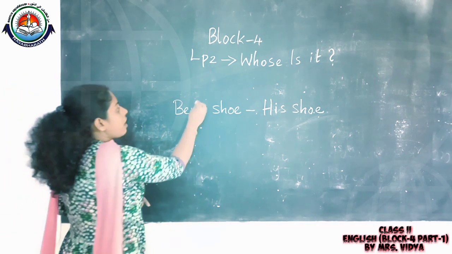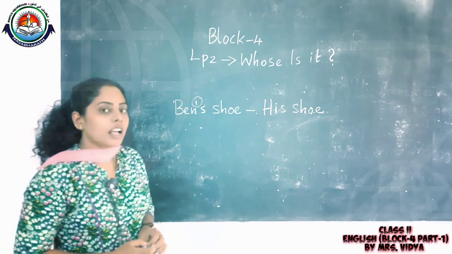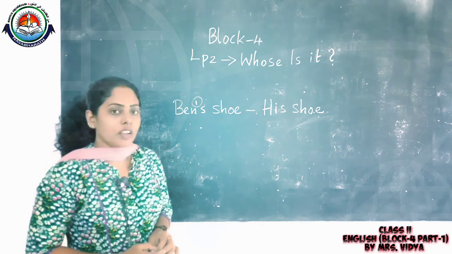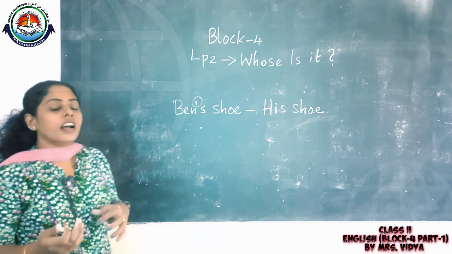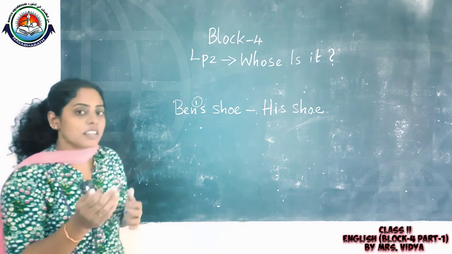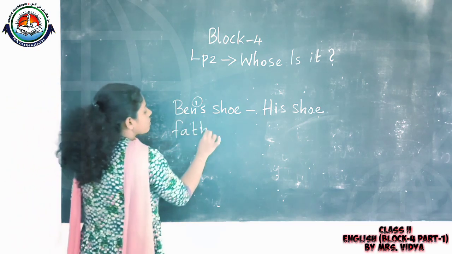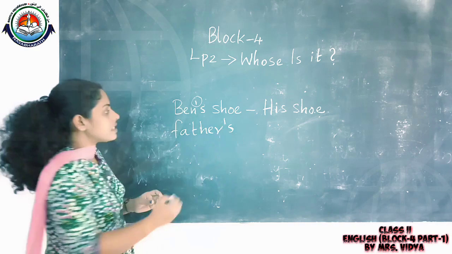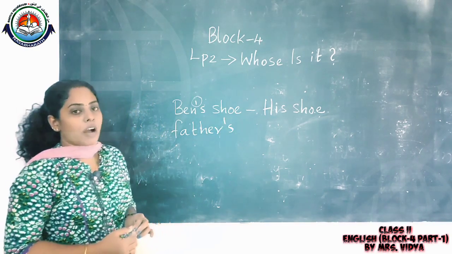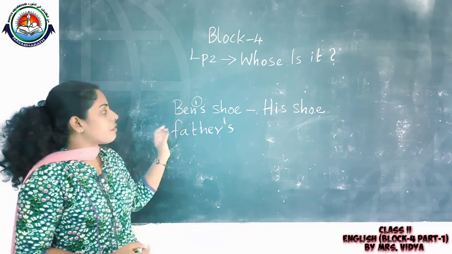You can see one mark here. That mark is called an apostrophe. So, if you want to write the naming word, it is Ben's, it is father's. Here we have to put one apostrophe mark before the S. Okay, Ben's, father's.